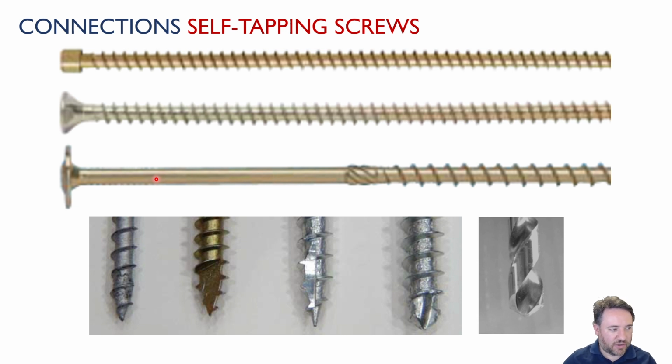So these are always kind of proprietary. There's no standard self-tapping screw fastener. It depends on which manufacturer you get it from. They tend to be very long like this. They have a really high yield strength, maybe around 800 MPa, something like that.